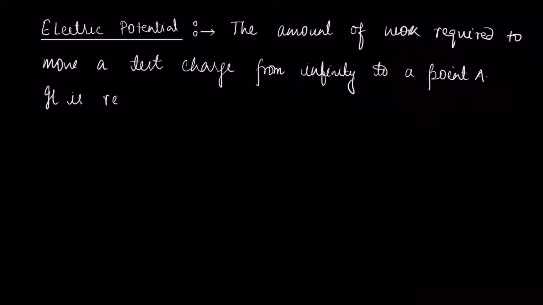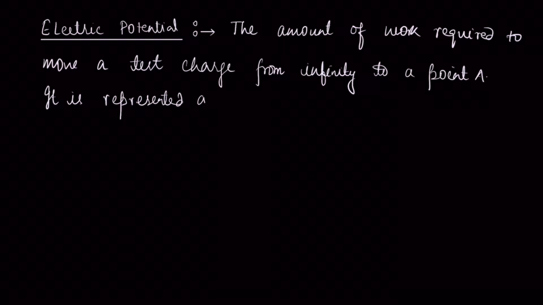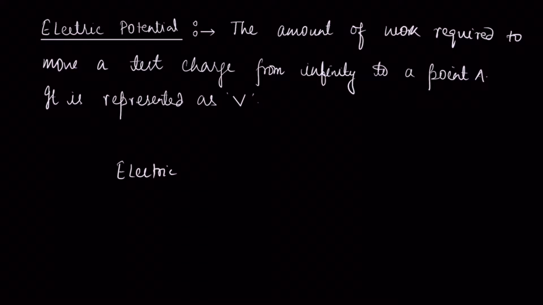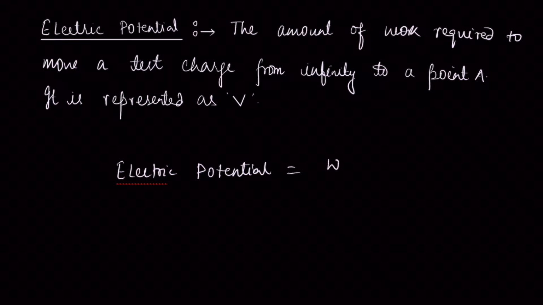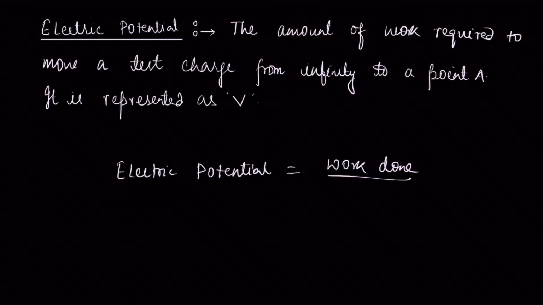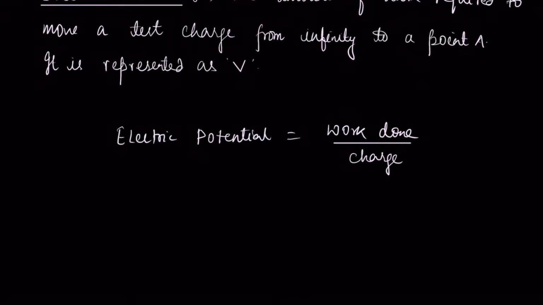It is represented as capital V. So the electric potential formula is work done divided by charge. Symbolically, we can represent it as V is equal to W by Q.